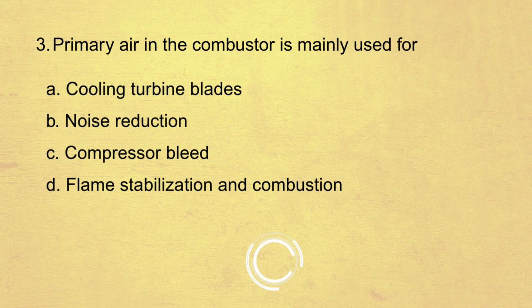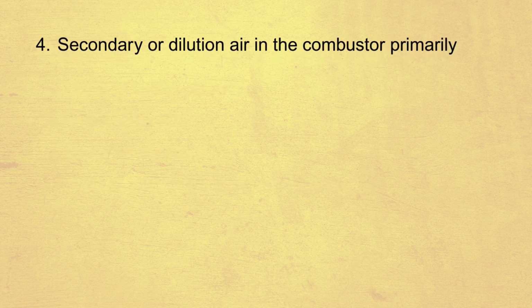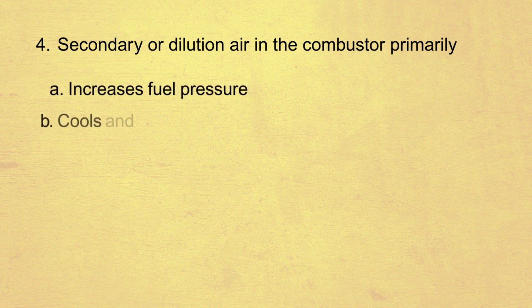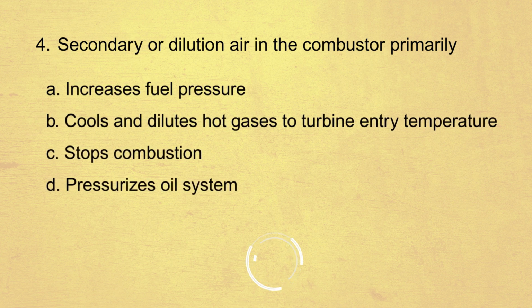Primary air in the combustor is mainly used for flame stabilization and combustion. Secondary or dilution air in the combustor primarily cools and dilutes hot gases to turbine entry temperature.